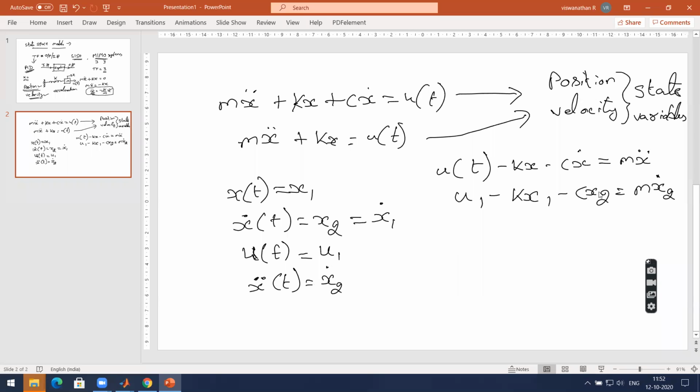Now what you see here is, here it was double dot, here it is single dot. So what we have done is reduce the order. Here it was second order, here it is first order. We are writing the differential equation as two equations of single order, instead of one of second order.